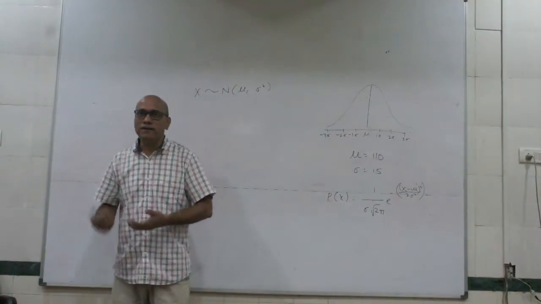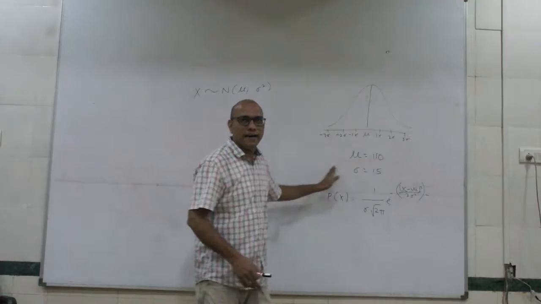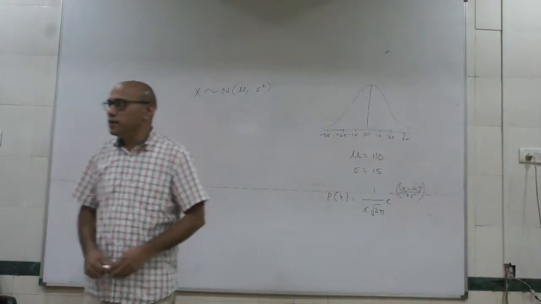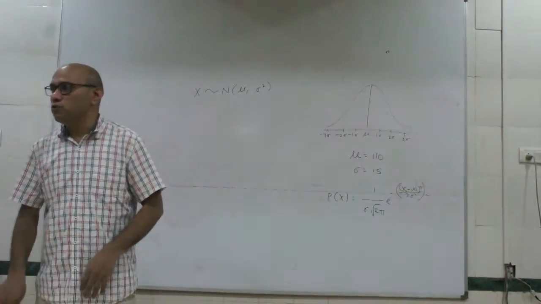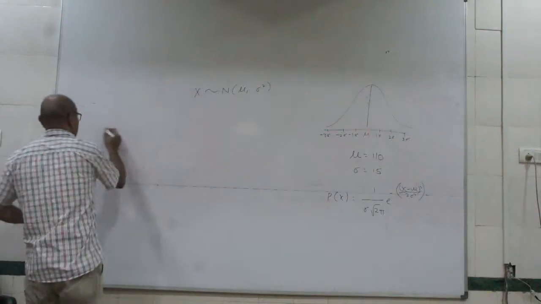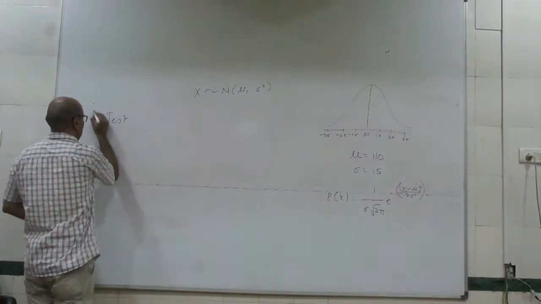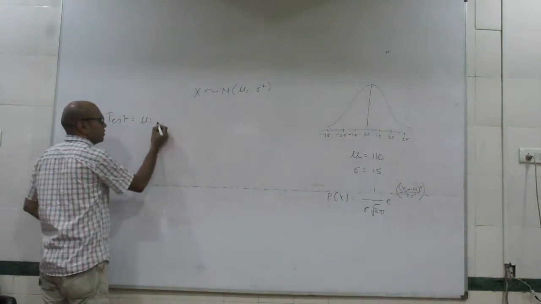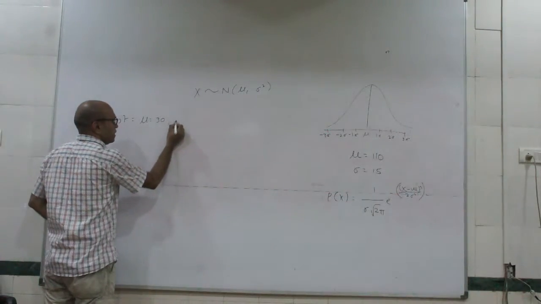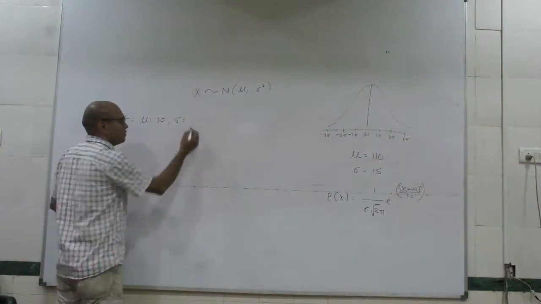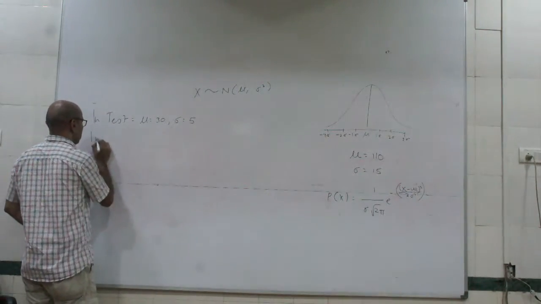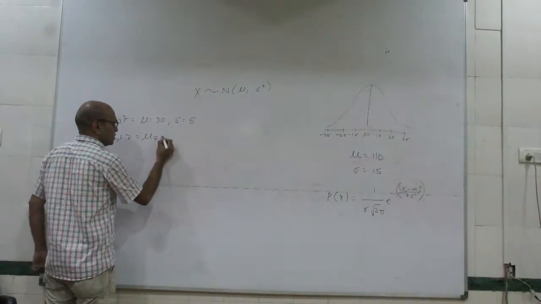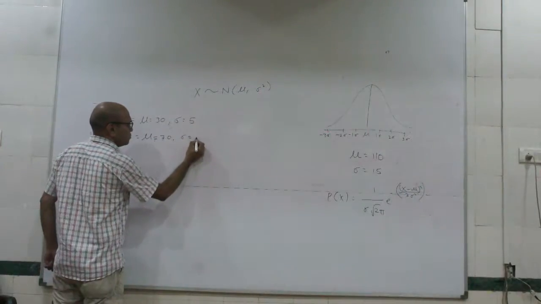So what you're basically doing is you are rescaling the data to some kind of a mean and some specific standard deviation. Now suppose there's an intelligence test, intelligence test 1, which has a mean of say 30 and standard deviation of say 5. This is intelligence test 2, which has mean equal to say 70 and sigma equal to 10.